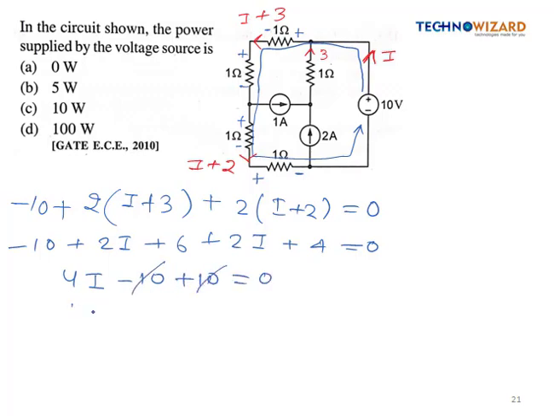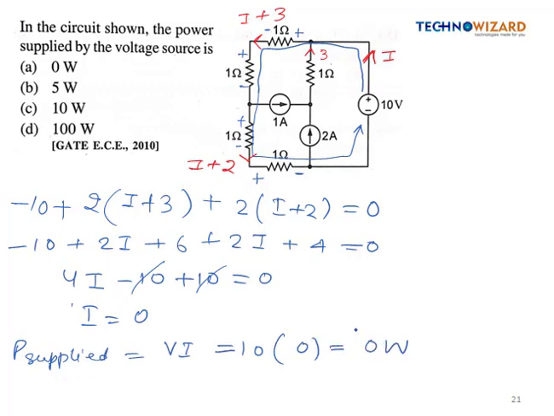It means they both will cancel, so the value of current I is coming as 0. So the power supplied by the voltage source is voltage into current. Voltage is 10 volt but the current is 0, so the power supplied by the 10 volt source is 0 watt. So for this question, option A is correct.